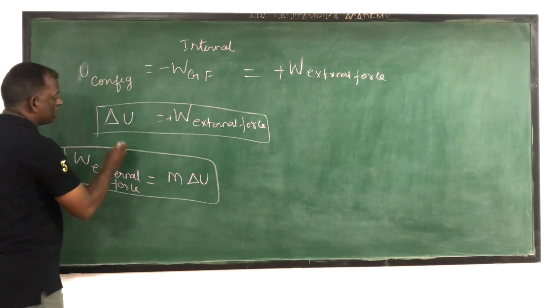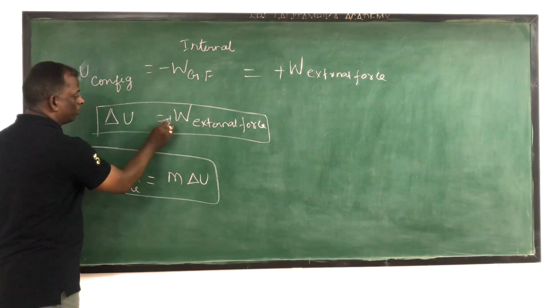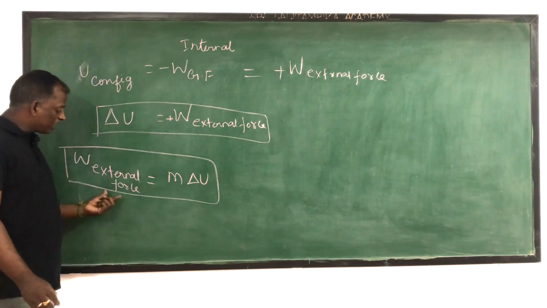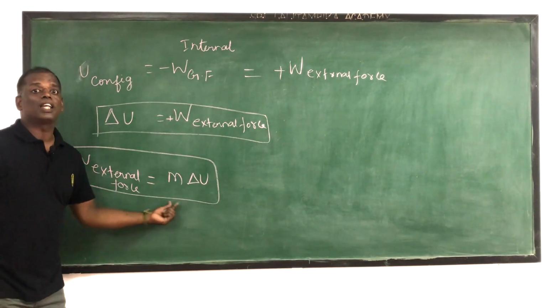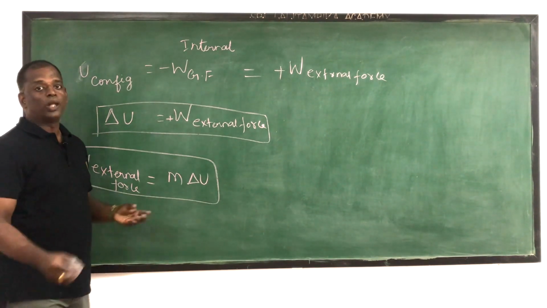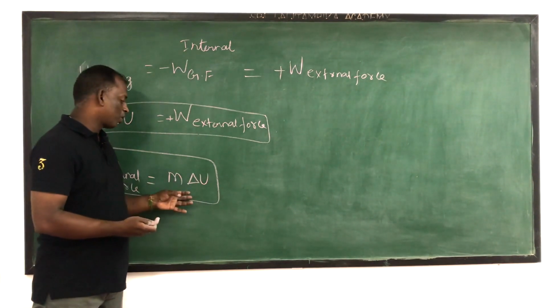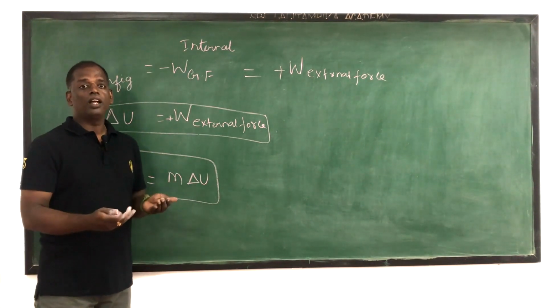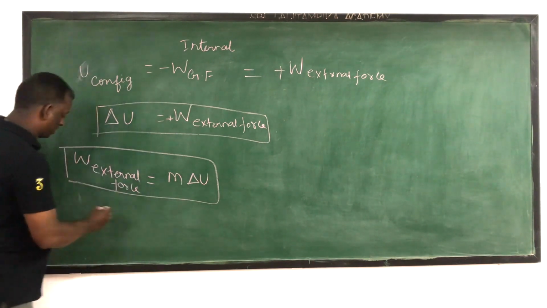So delta U is equal to plus W external force. So what is the external force? Mass into potential energy. We multiply the mass with the potential energy, and that is the external force. This is the same as what we do in 12th in terms of electrostatics.